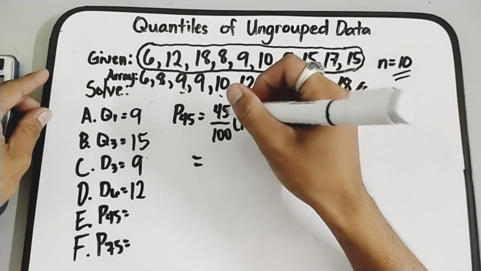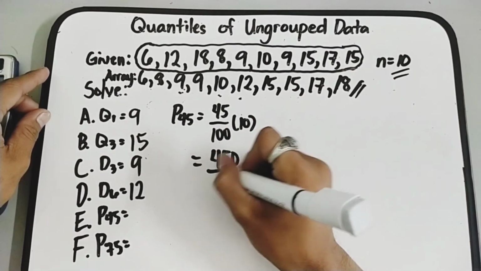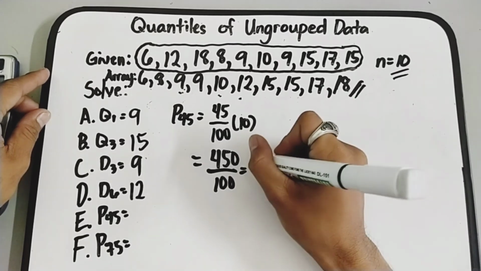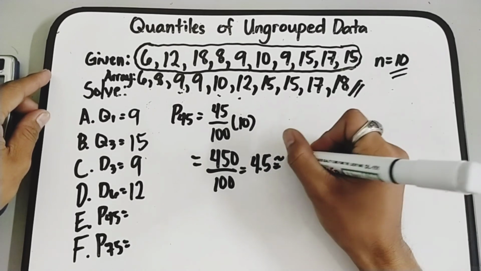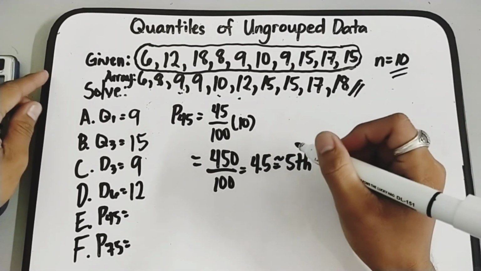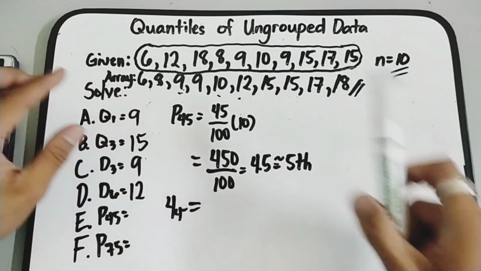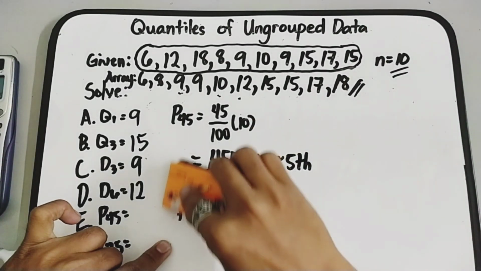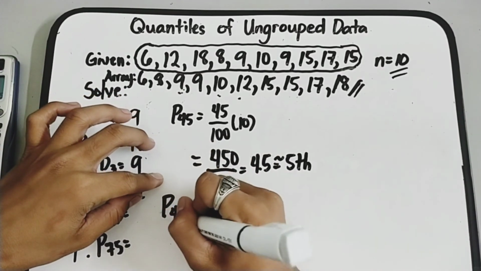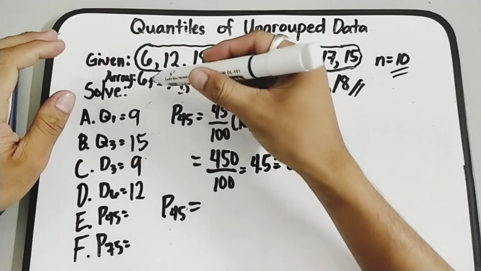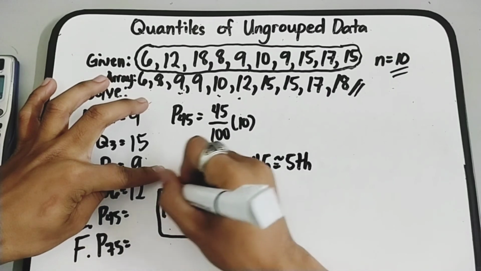So, we have 45 times 10, you got 450 all over 100, which is equals to 4.5, or congruent to fifth. Bakit pang fifth? Round up. Ibig sabihin, yung ating P45 is yung pang fifth score. Alin ba yun dito? 1, 2, 3, 4, 5. That is 10. Therefore, yung P45 ay yung 10.